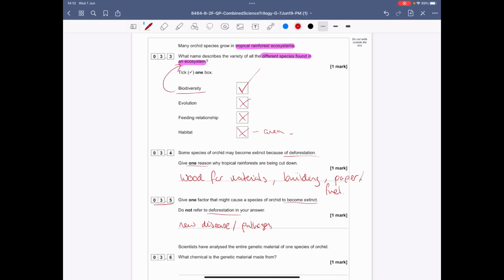You could have new herbivores that come along and eat it. You could say climate change, that is reducing biodiversity, or you could say a new competitor. So maybe it's a new flower that comes along, that evolves, that has even more pollen, or that even has a nicer scent.